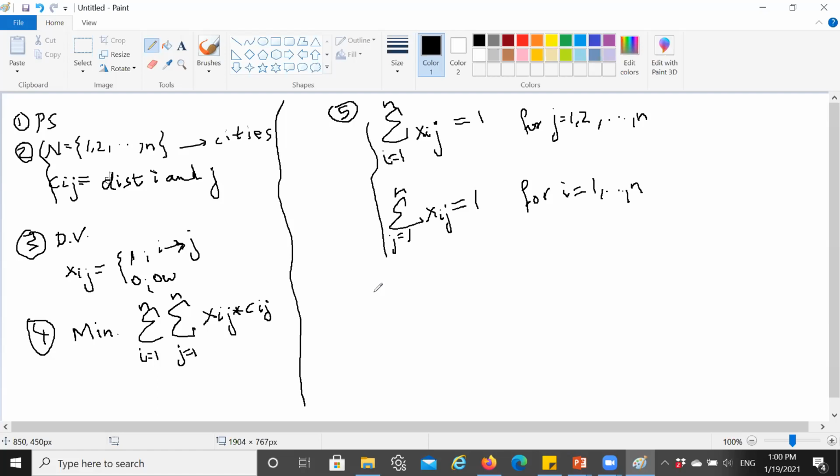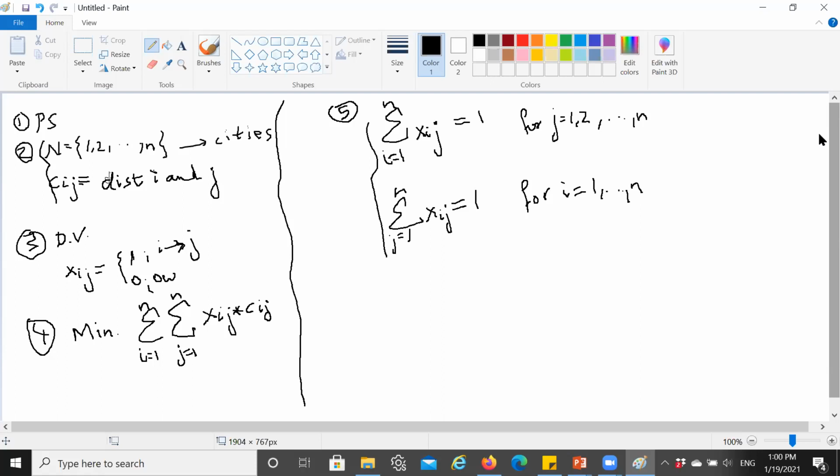Okay, so now we have two constraints. Basically, I have a set of nodes, and to impose the requirement of the problem that every node should be visited once, every node is entered once and left once, right? So we put these two local constraints.